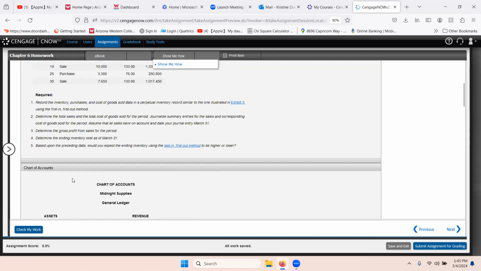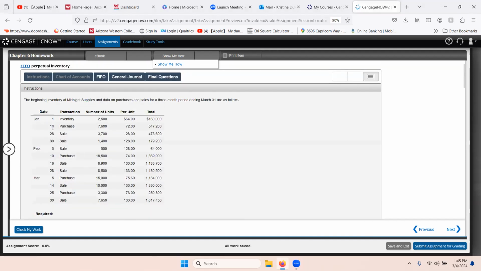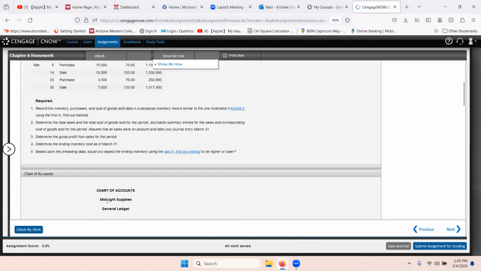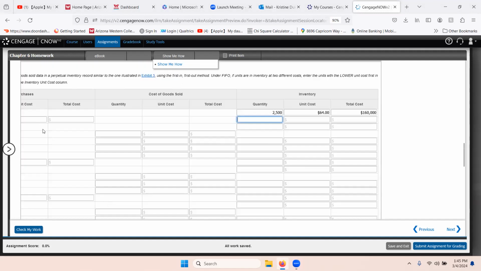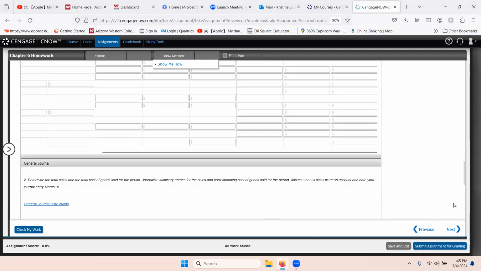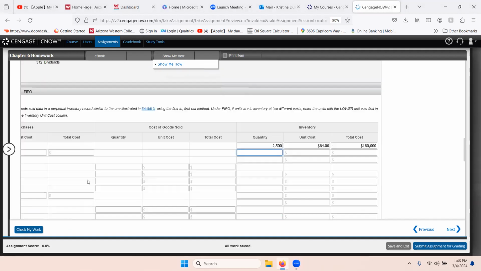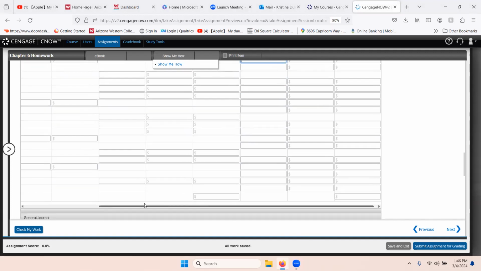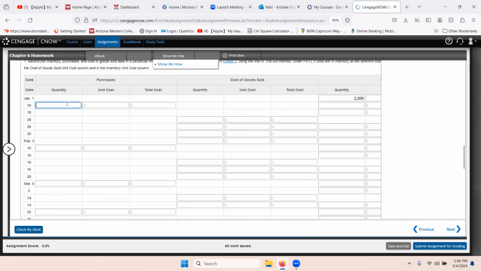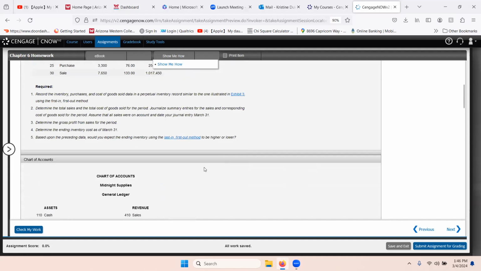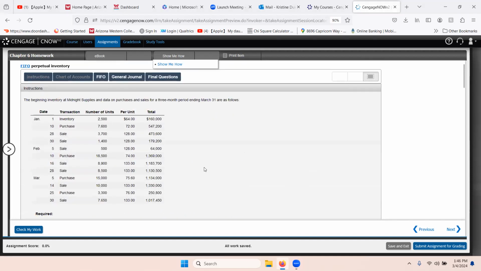And then they had an additional purchase on January 10th of 7,600 at 72, and I'll go find the other number in just a second. Now, what I really want you to think about in reference to these purchases is the color of the batch.